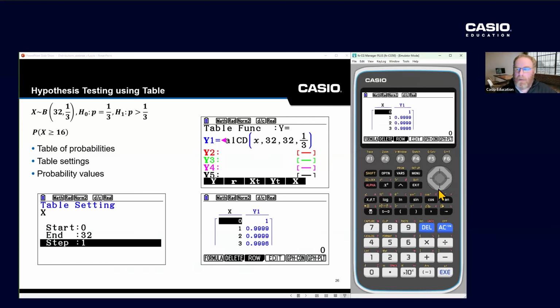And then we can scroll down and we can see that when x is 15, probability 7.7%, 16, 3.7. So 16 or more is the critical region, x equals 16 is the critical value. Quite nice that you can create your own probability tables.